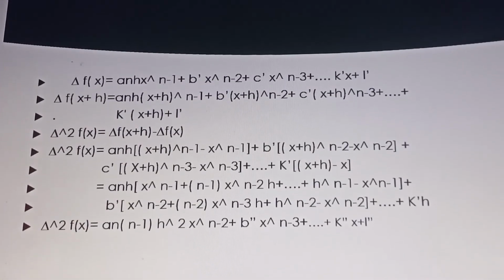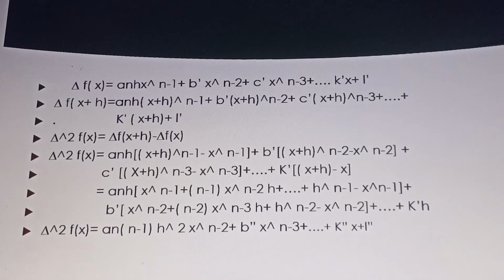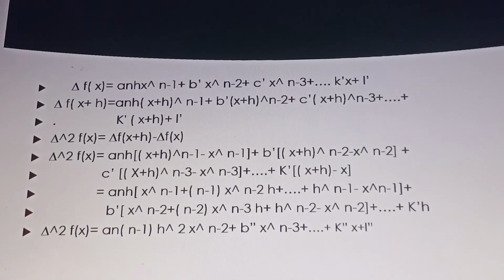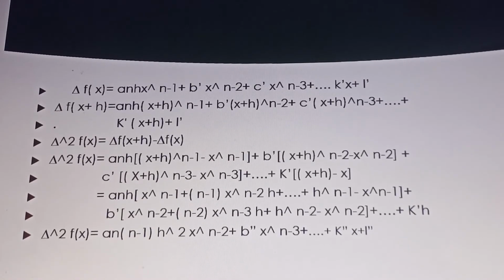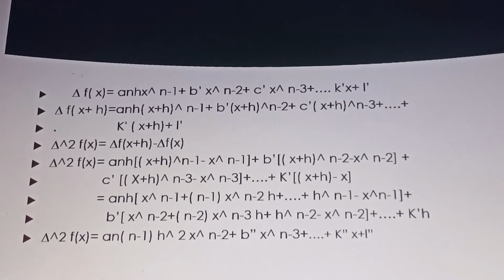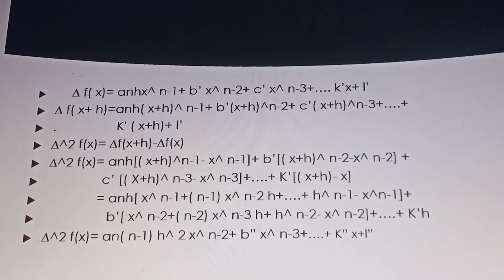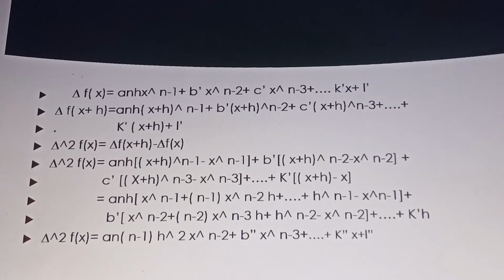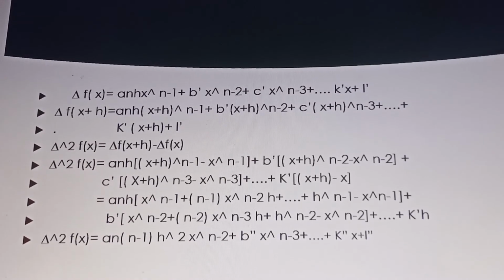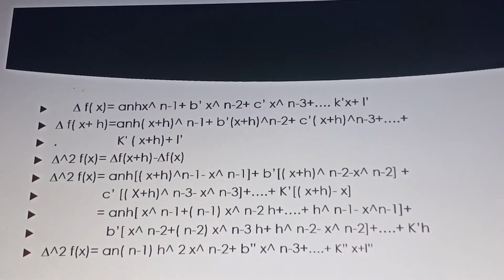equals delta f of x plus h minus delta f of x. Then delta square f of x equals a n h into x plus h raised to n minus 1 minus x raised to n minus 1 plus b dash into x plus h raised to n minus 2 minus x raised to n minus 2 plus c dash into x plus h raised to n minus 3 minus x raised to n minus 3 plus up to k dash into x plus h minus x.